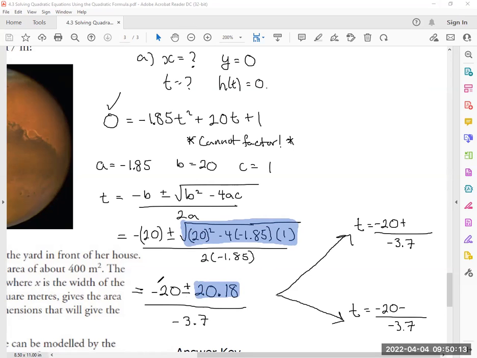By that, I mean t could be negative 20 plus this blue number, or negative 20 minus that blue number. You have to consider both. And if both make sense, great. If only one makes sense, great. Math doesn't lie that way.